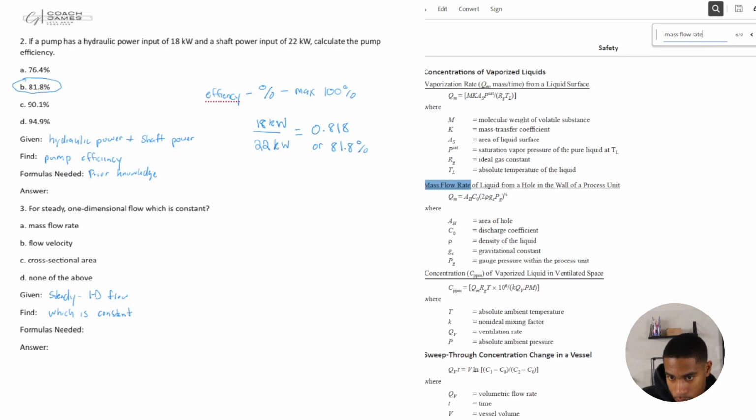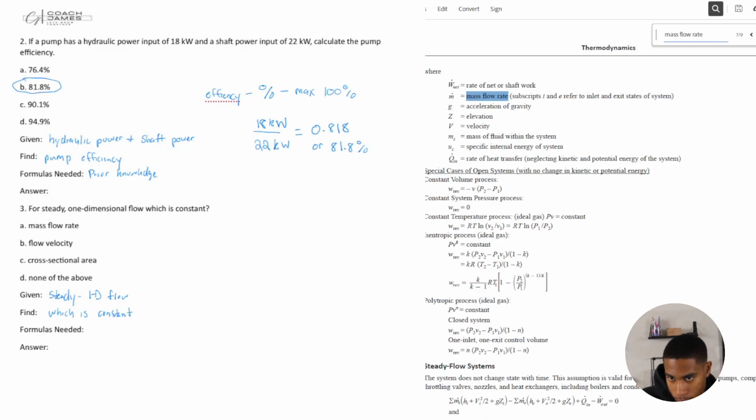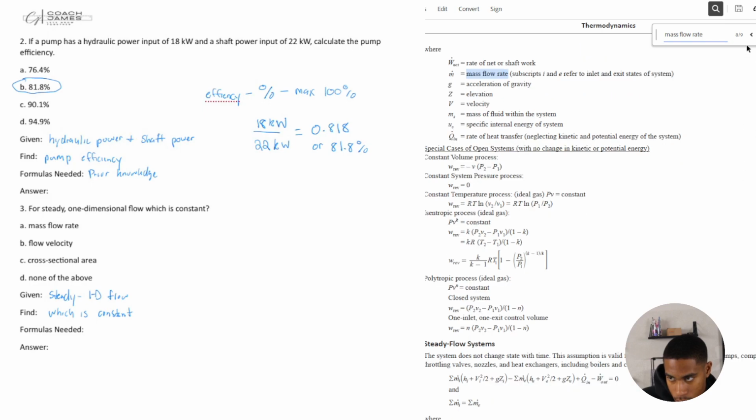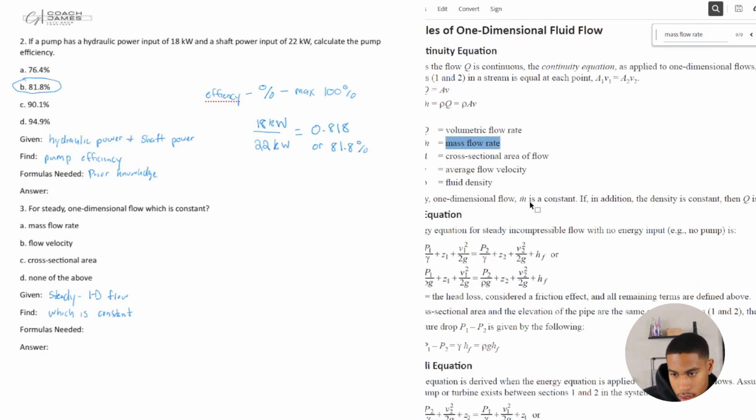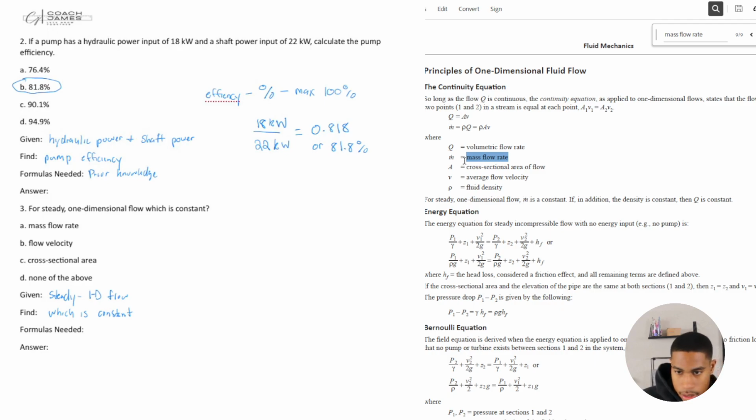Mechanical engineering. Vaporized liquids. Thermodynamics. Okay, one-dimensional flow for mass flow rate. Okay, so I'm just reading up under: for steady, one-dimensional flow, m dot is constant. Okay. So m dot is mass flow rate. So I know that A is going to be my answer.